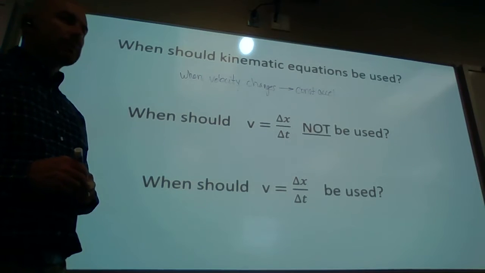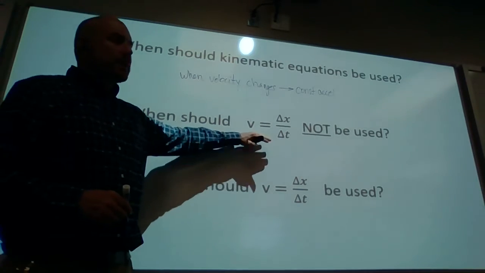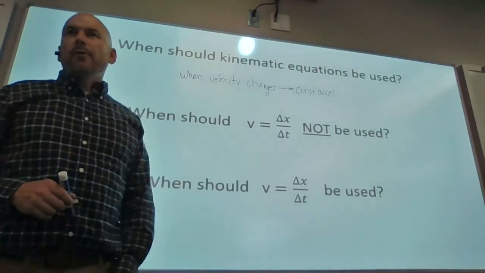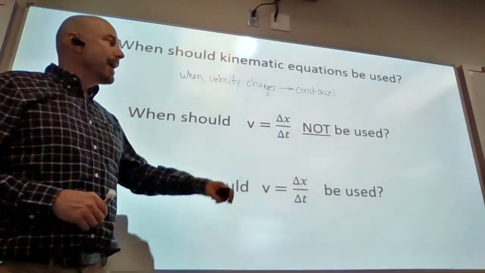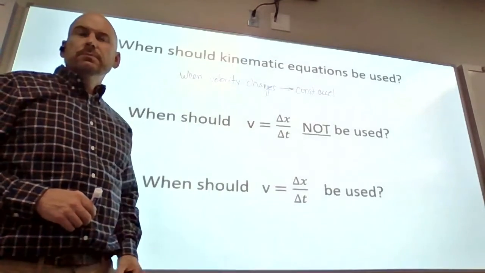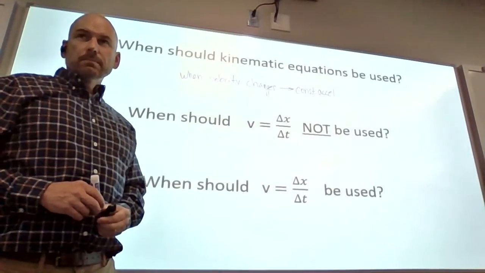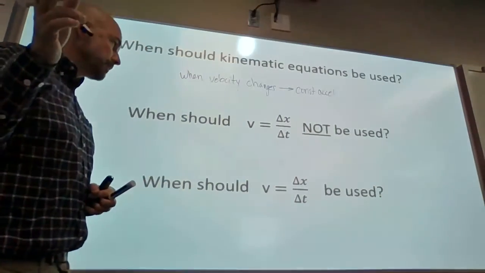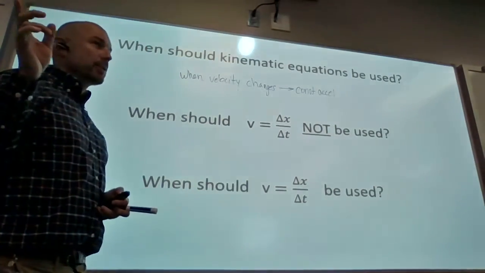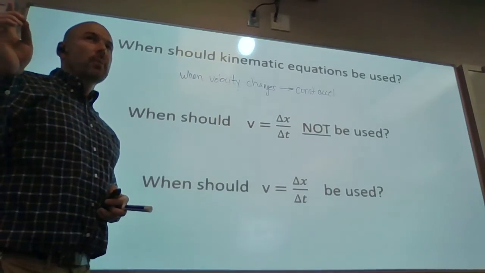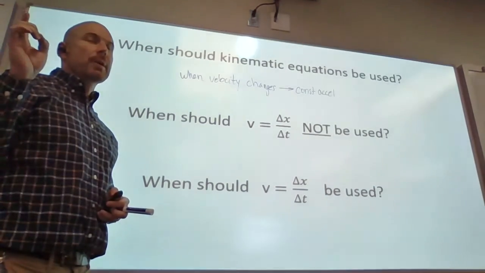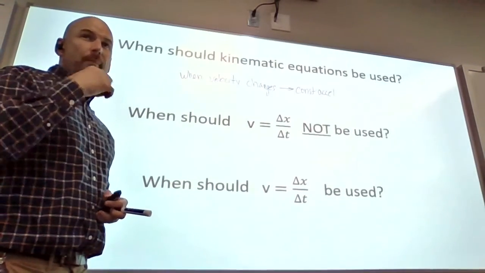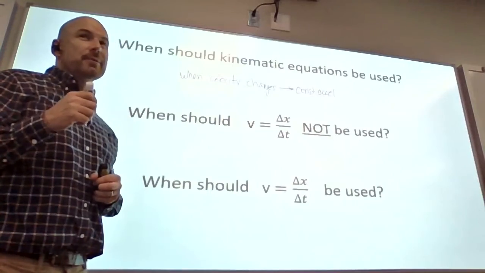So when did this equation fail us? When did this equation fall apart? Like, when should we not use this equation? Not asking for the average. Usually I'm not going to ask for the average, but that's valid. But when what is not constant?